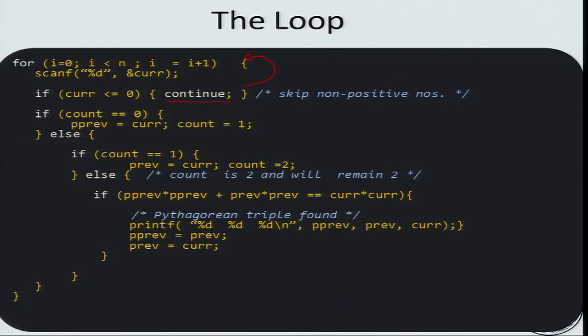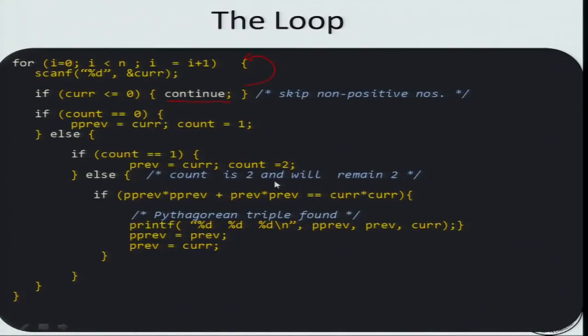Okay. So we will go back to the loop if count equal to 1. Otherwise, let's say that count is at least 2. So it is 2 or more. Okay. So in this case, as far as count is concerned, I don't need to keep track of how many positive numbers there are. It was used only to see that I have at least 2 positive numbers to begin with, so that I can add the next number as the possible third number in the triple.